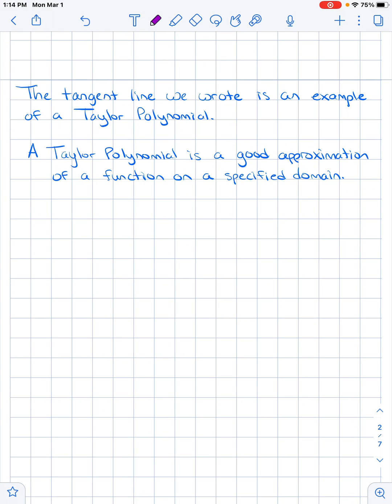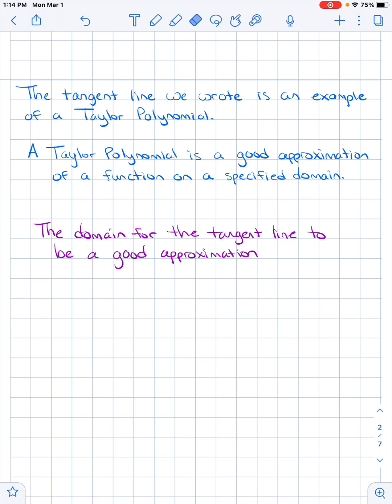We're going to say that the domain for the tangent line to be a good approximation, I need to add a little more specifics, the tangent line at x equals 0 to be a good approximation for f of x equals sine x is about negative 0.25.